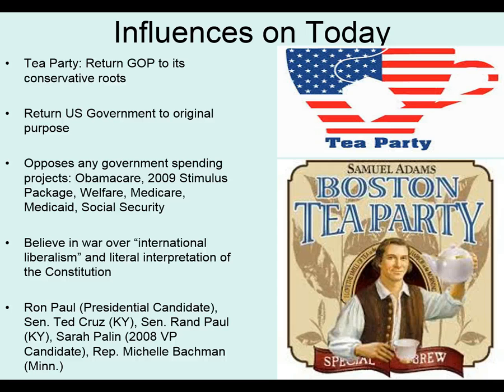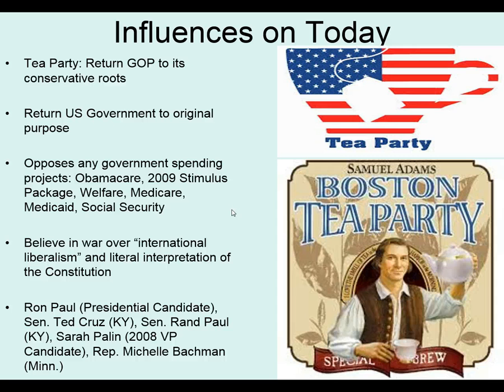But the main goal of the Tea Party is basically to strip the government of any entitlement programs. As it says there, they oppose any government spending projects: Obamacare, the 2009 stimulus package, welfare, Medicare, Medicaid, Social Security. All of those things they feel need to be cut out, letting the U.S. government be trimmed down to its most basic form.